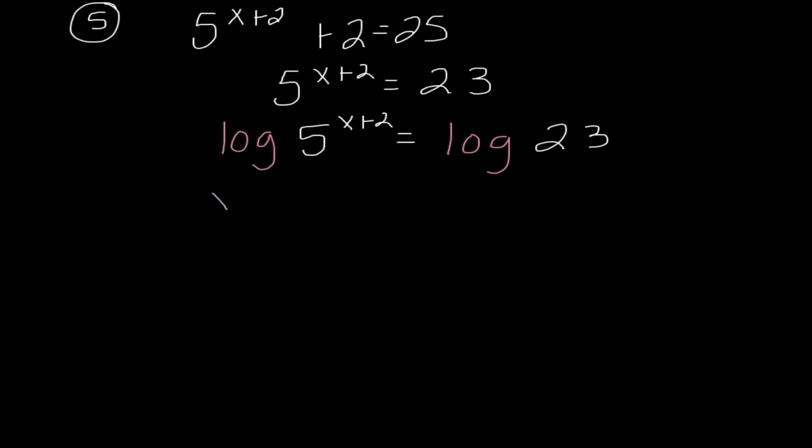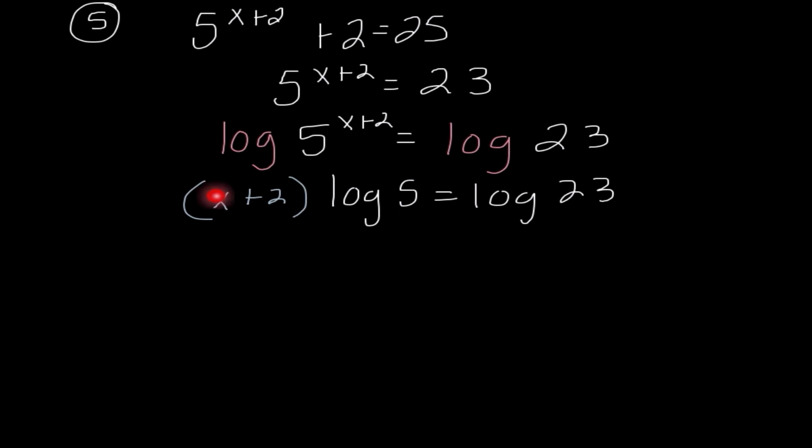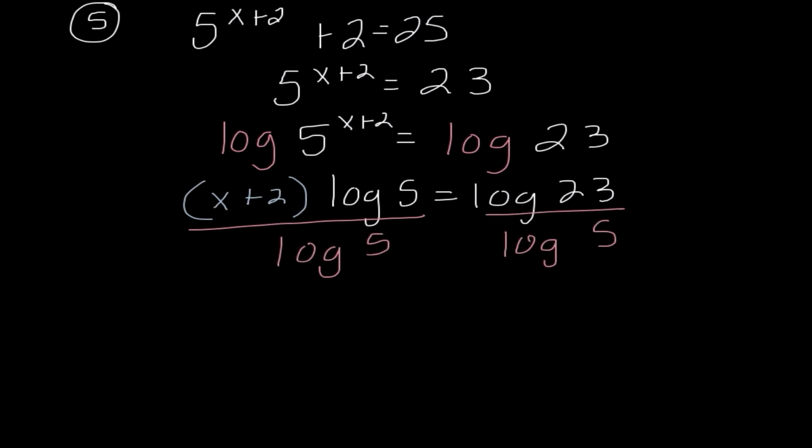So this is really saying x plus 2 times the log of 5 equals the log of 23. And I want to get x by itself. So yes, I definitely could distribute, but wouldn't it make more sense if I divided both sides by the log of 5 right away? And then I can get rid of that altogether.